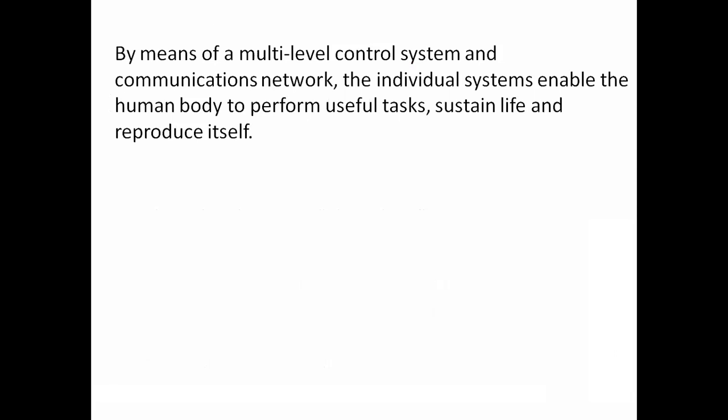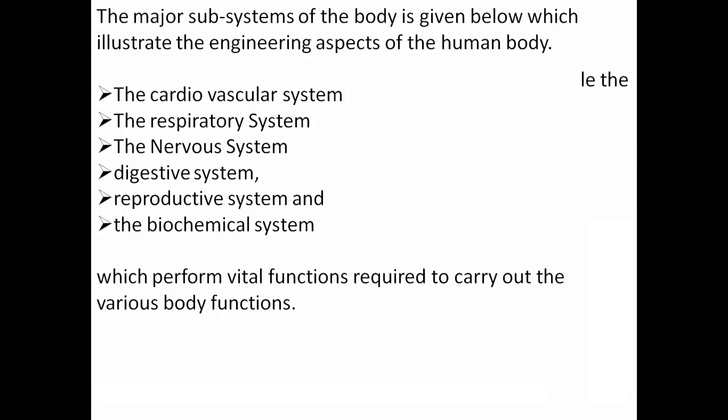It has a highly multi-level control system and a communication network, with which the individual organs of the human body perform the required tasks, and by that human life is sustained.